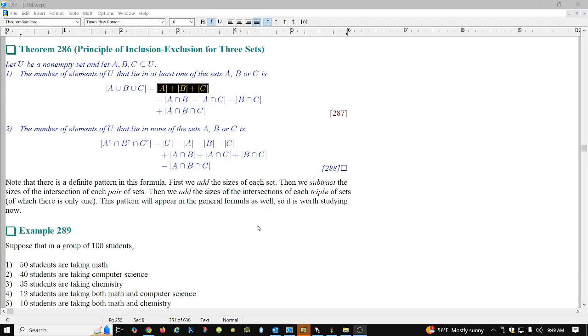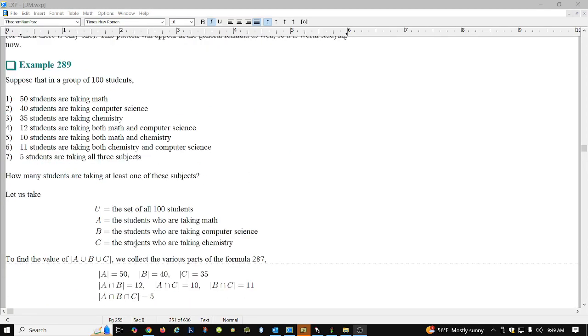So suppose that in a group of 100 students, 50 are taking math, 40 are taking computer science, 35 are taking chemistry. If we want to know how many students are taking at least one of these classes, we have to gather together several more pieces of data.